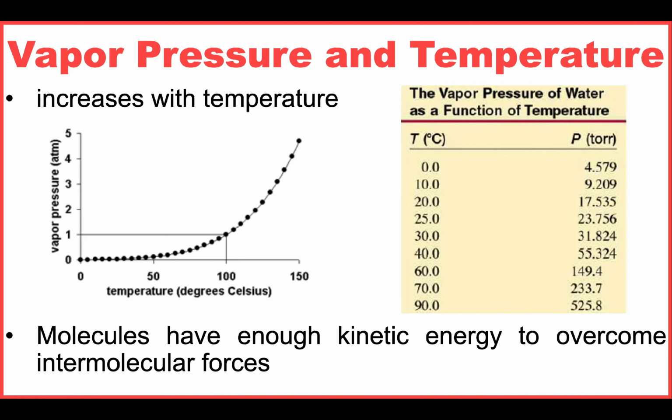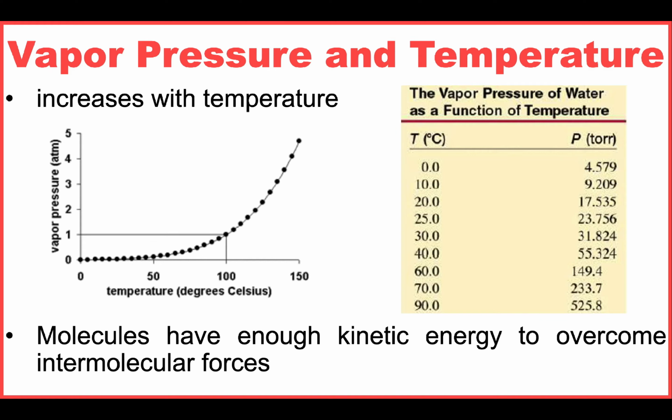When temperature is high, more molecules have enough energy to escape from the liquid. At lower temperature, fewer molecules have sufficient energy to escape from the liquid. This is because more molecules have enough kinetic energy to overcome the intermolecular forces.